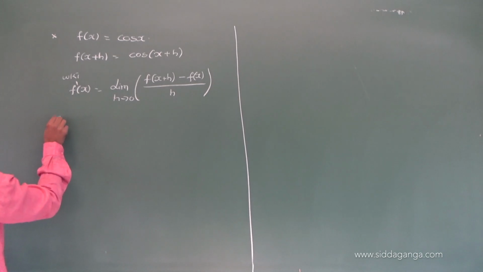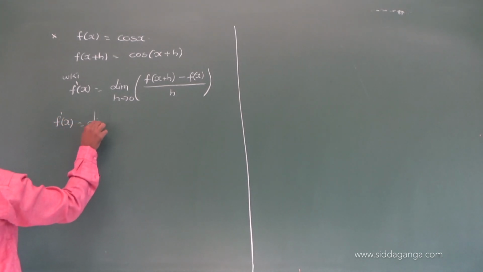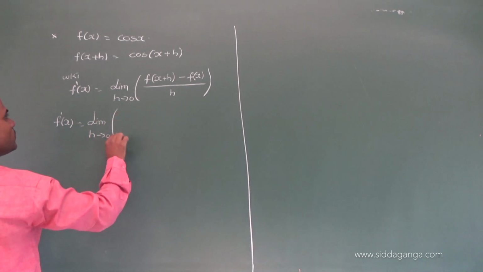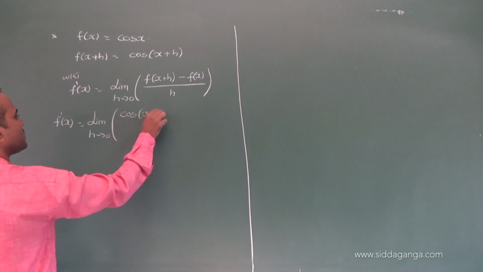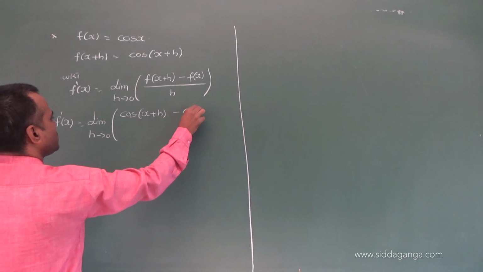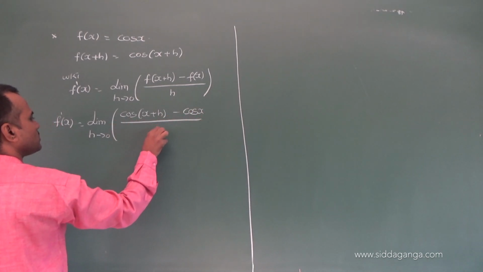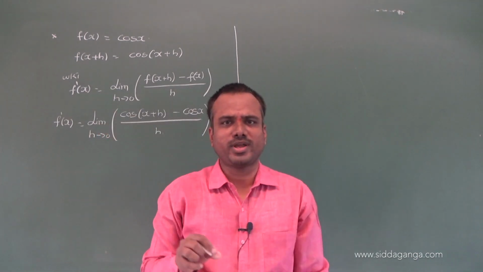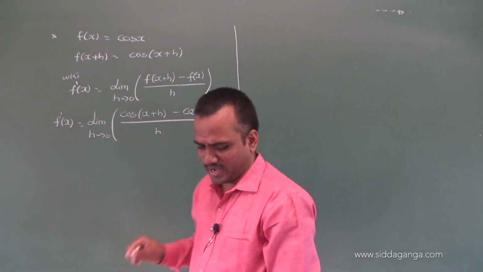So f dash of x is limit h tends to 0, cos of x plus h minus cos x, whole divided by h.